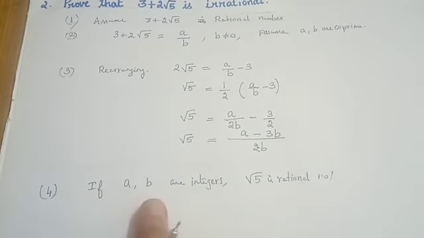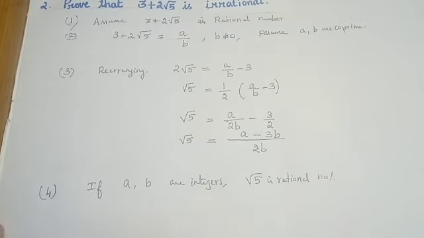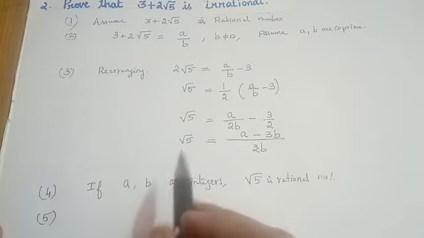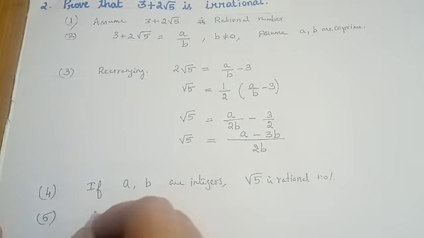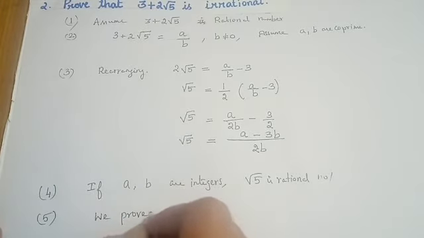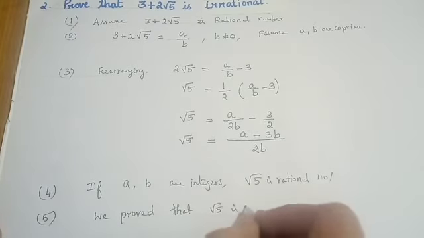But this contradicts the fact that root 5 is irrational. Okay, so we know that we proved in the first sum that root 5 is irrational.